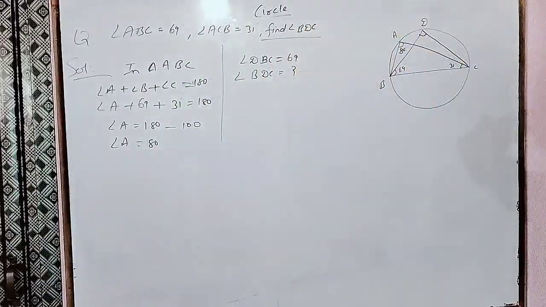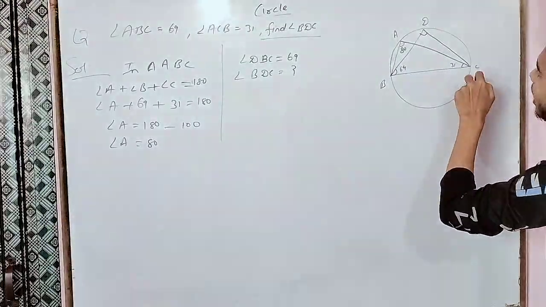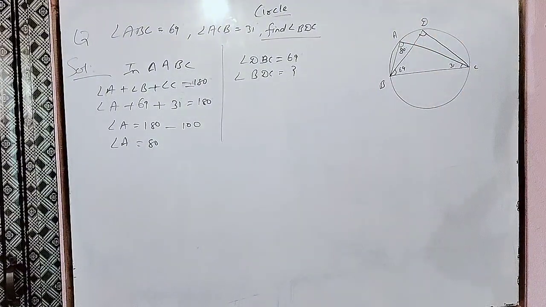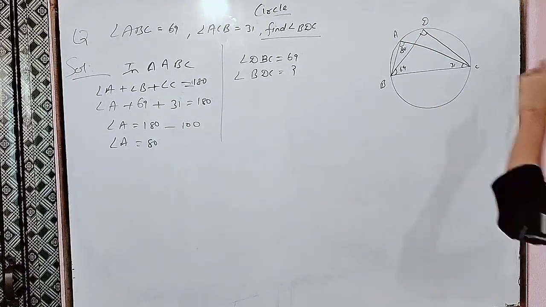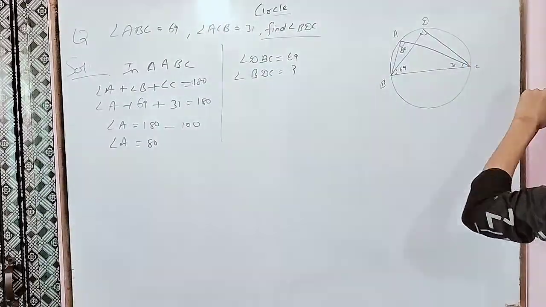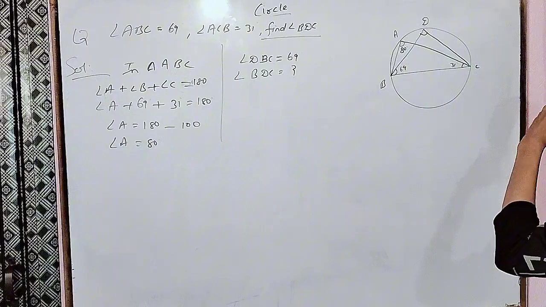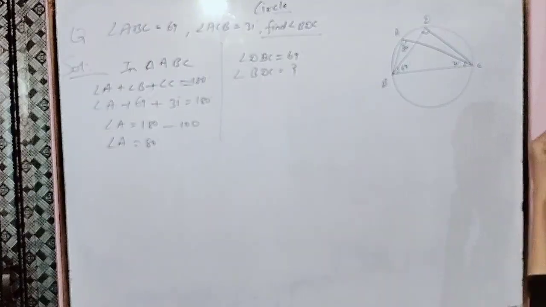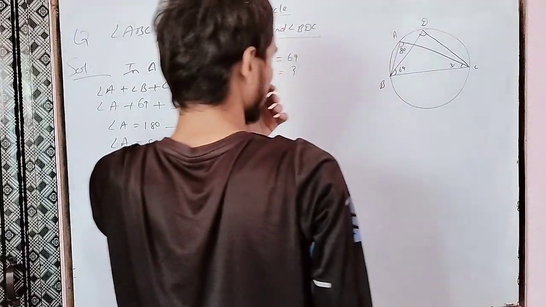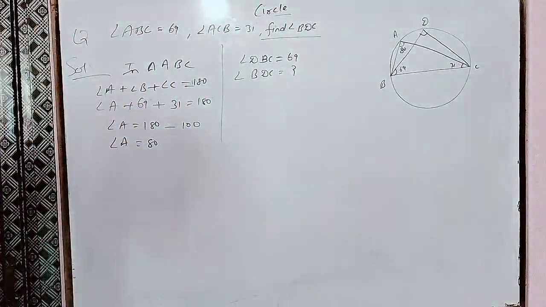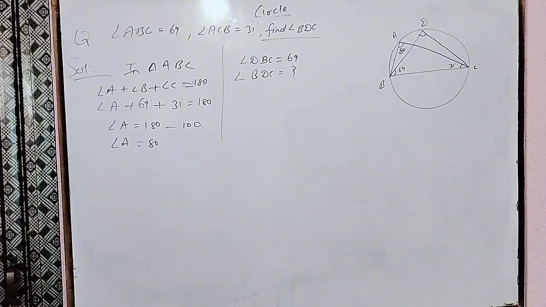That is what we have to find. But what we don't know exactly is BCD. So how to find this? This plus this will form how much? Can you tell me? So 31. Here, just have a look.